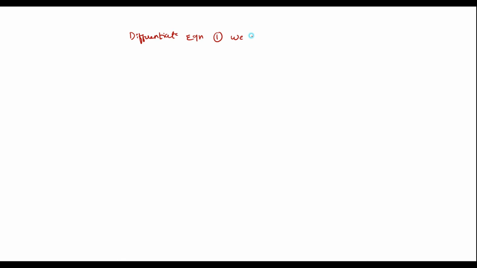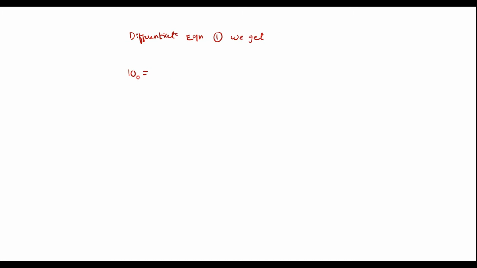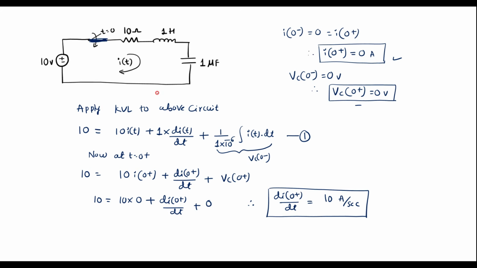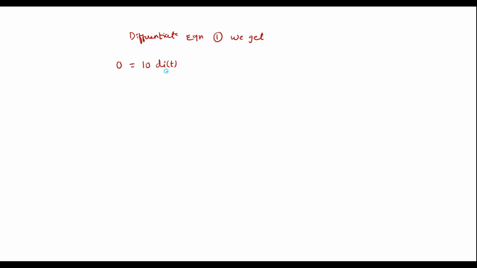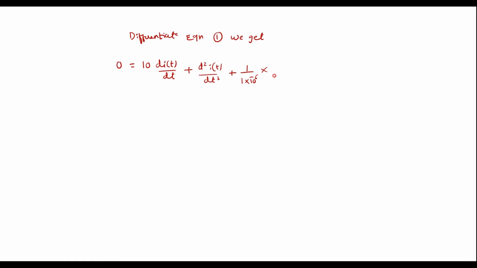Differentiation of 10 is 0, equal to 10 di of t by dt, plus d square i of t by dt square, plus 1 over C, which I keep constant, into the differentiation of the integration, which gets cancelled, so it will be i of t. Let me call it equation 2.